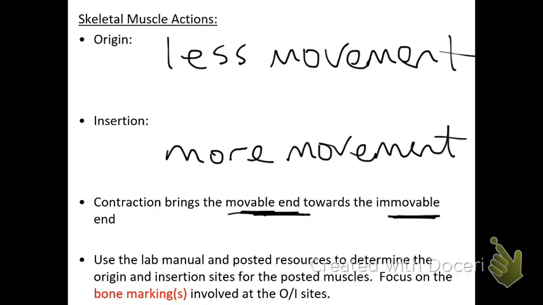And you will find that information scattered throughout the tables in your lab manual. You'll also be asked to learn the action of some muscles. Again, on that same list, you'll see some A's after some muscles, and for those muscles, and only for those muscles, you'll need to learn the action of that muscle.